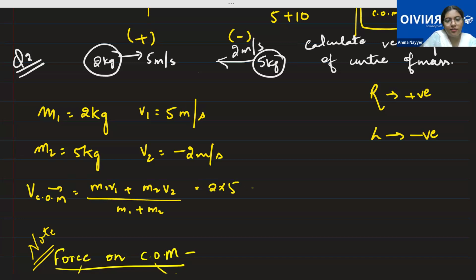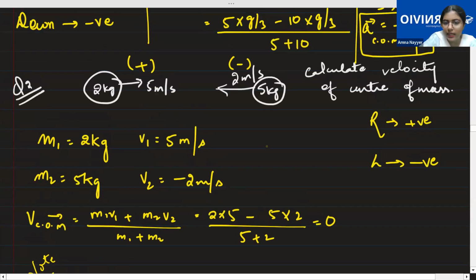That is 2 into 5 minus 5 into 2 by 5 plus 2. Straight away, 0. But you can get a non-zero value also. Very small, easy, formula based question. Please write it quickly. Now, a few more things I'll discuss with you, and there is one very important question from NCERT that we have to discuss.